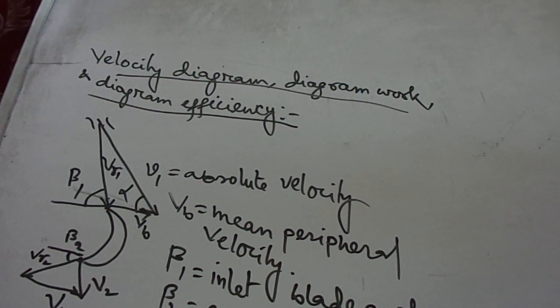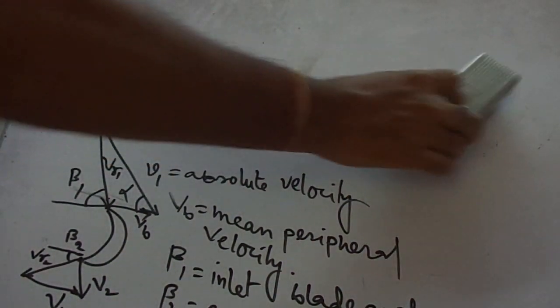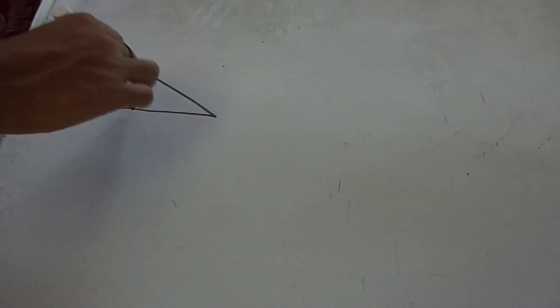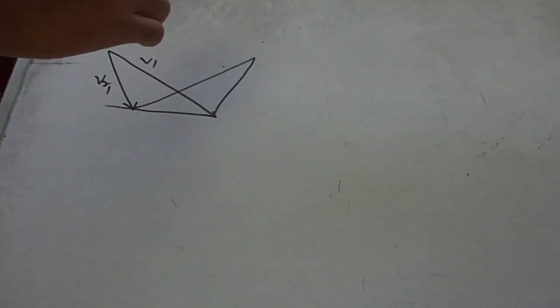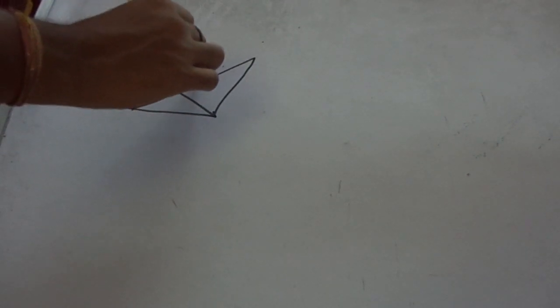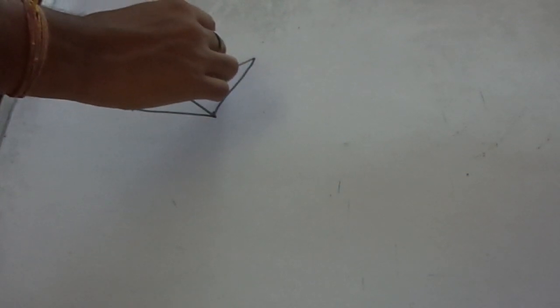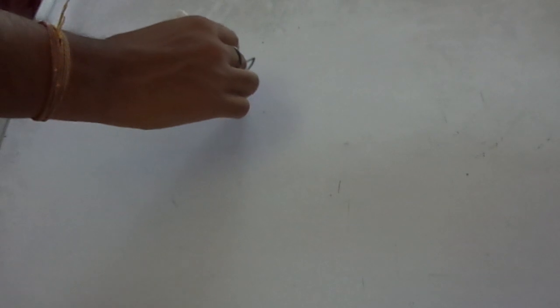If you draw the diagram with just two triangles, the same diagram if you represent here, this is the VR1, V1, and another one is VR2, and another one is V2.